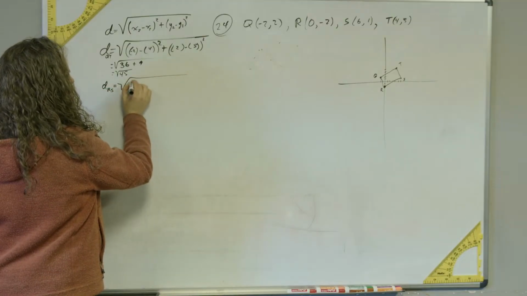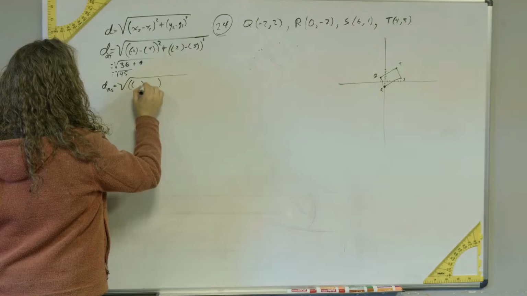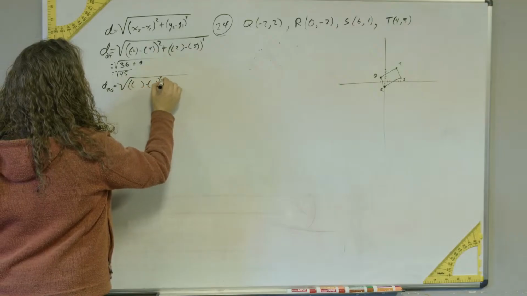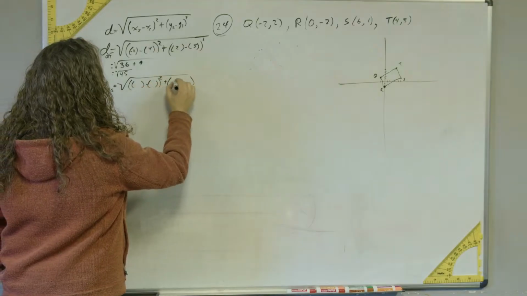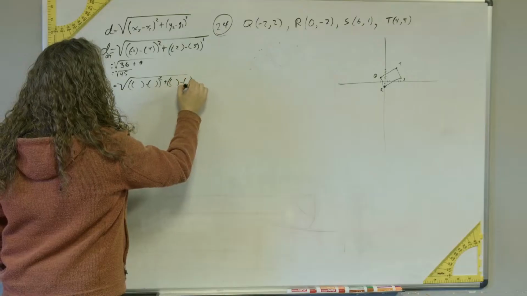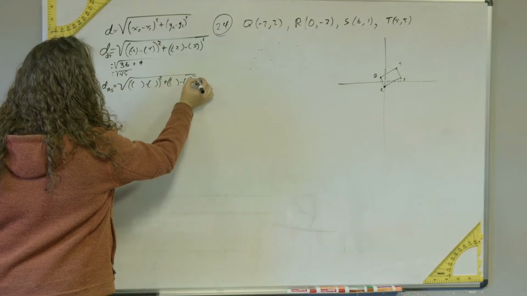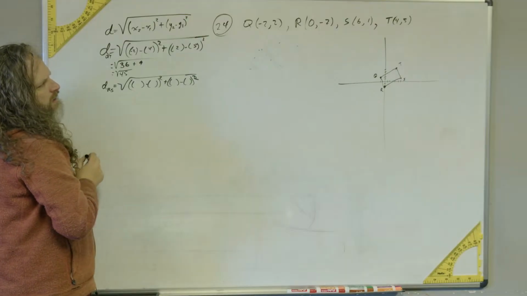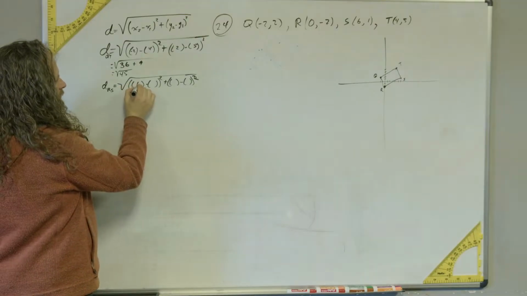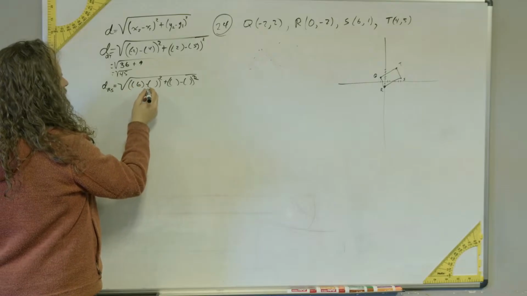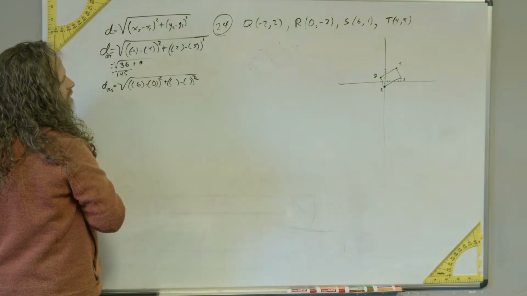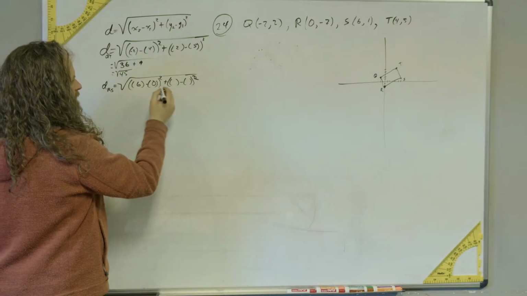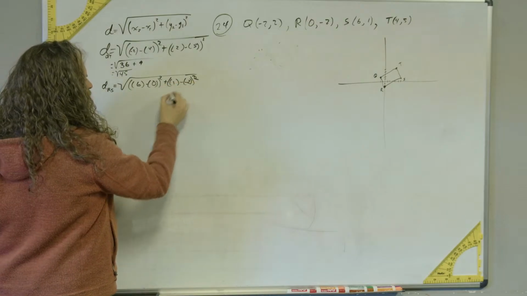So we can plug that stuff in there. Okay. So S, we've got 6. And R, we've got 0. And then for the Y's, we've got 1 and -2.